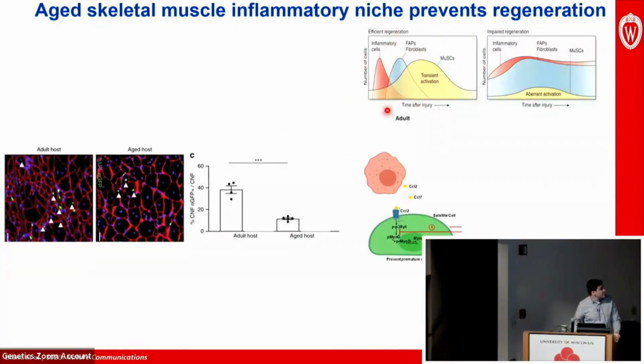In my postdoc paper, we showed that in an adult scenario, immune cells such as macrophages can trigger the secretion of CCR2 ligands, including CCL2, 7, and 8, which will then bind directly to the stem cell, activating a phosphorylation event of p38 delta/gamma, which in turn phosphorylates MyoD, the transcription factor.